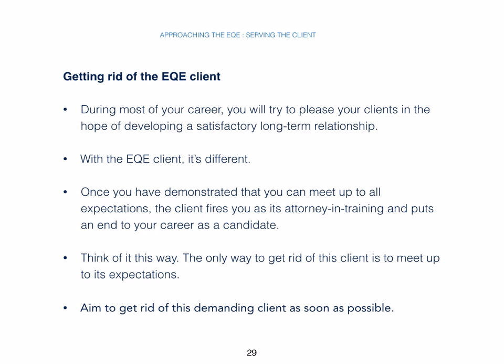With the EQE client, however, it's different. Once you have demonstrated that you can meet all of the EQE client's expectations, the client fires you as its attorney in training and puts an end to your career as candidate.